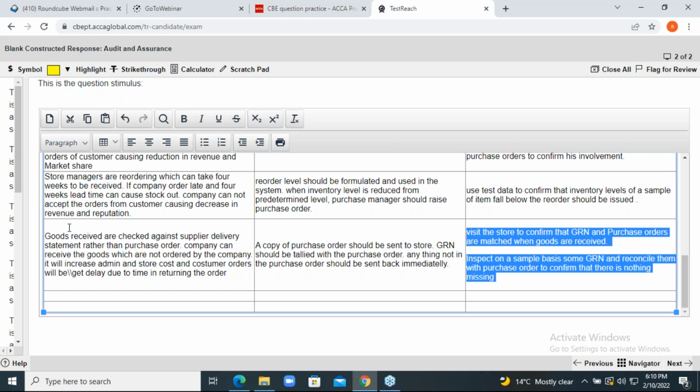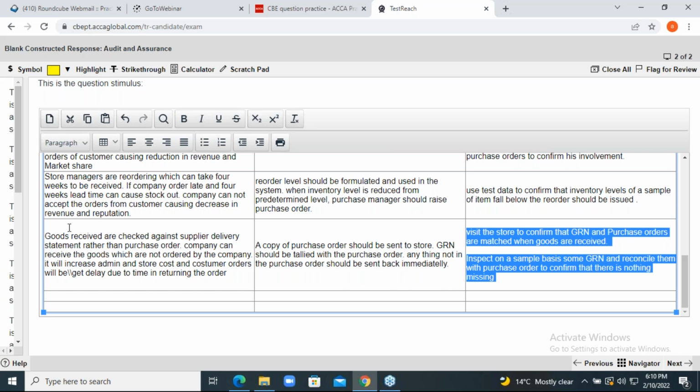If he is counting everything and reconciling it with the purchase orders, then this means there is a control system in place and it is working, and this man would identify any order or quantity not ordered by us and send it back to the supplier.